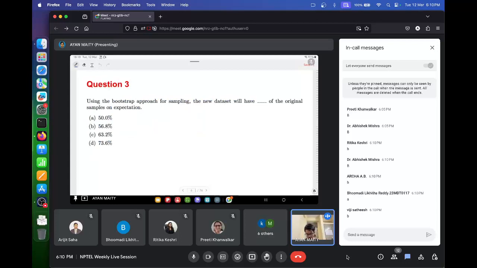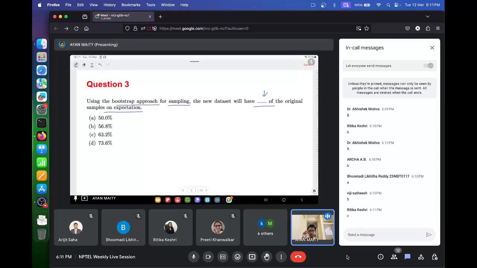Question 3. Using the bootstrap approach for sampling, the new dataset will have dash % of the original samples on expectation. So what will be this percentage of the original samples on expectation? Four options are there: 50%, 56.8%, 63.2%, 73.6%.